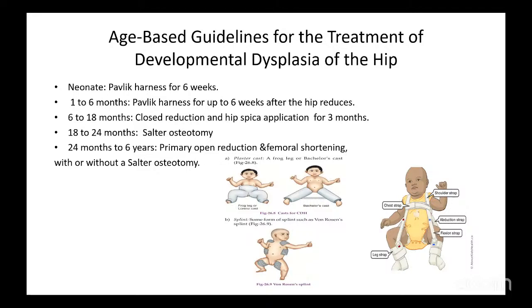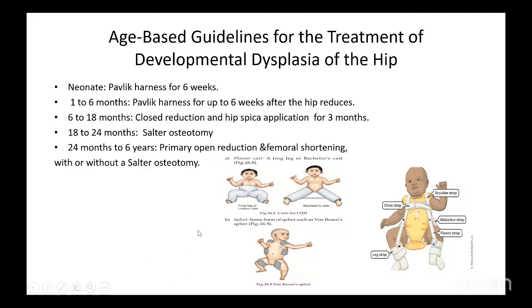If there is no issue with the acetabulum, then we will address the outward pushing forces which were happening at the femur. We will do derotational and femoral shortening osteotomies to contain the femoral head inside the acetabulum, and we will apply a plaster cast to prevent dislocation after surgery also.